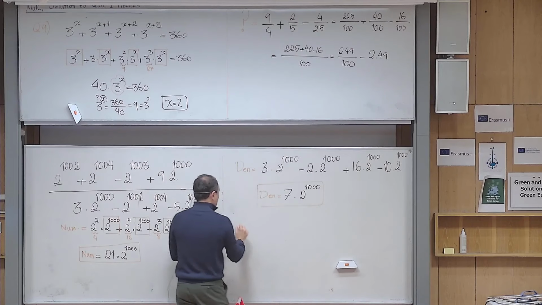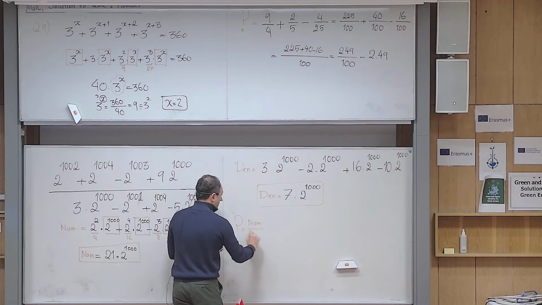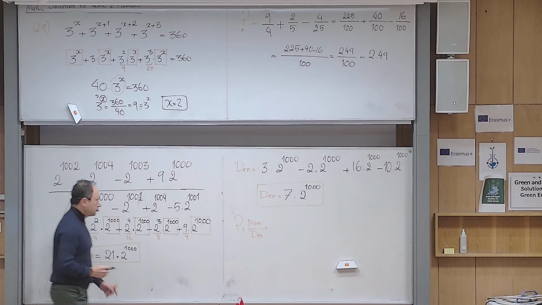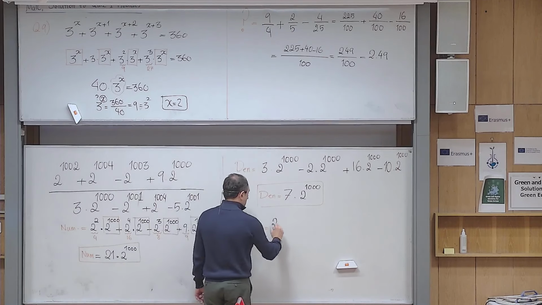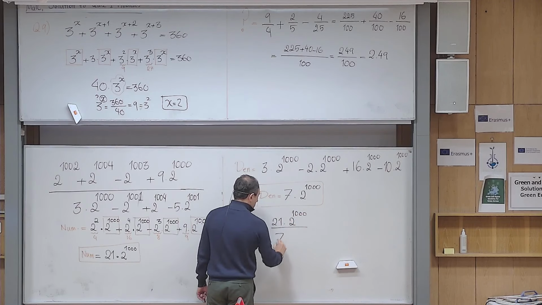And finally, the question mark, which is the numerator divided by the denominator, becomes equal to, what was the numerator? That was this number. So it is 21 multiplied by 2 to the power of 1000 divided by 7 times 2 to the power of 1000.